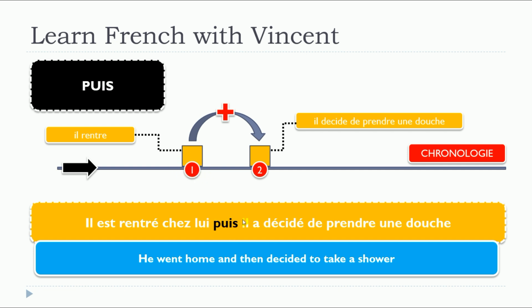Puis, il a décidé de prendre une douche. This is the second thing. So the second thing is happening after the first one, obviously. Il est rentré chez lui, puis il a décidé de prendre une douche. So as you can see, puis and depuis are extremely different.